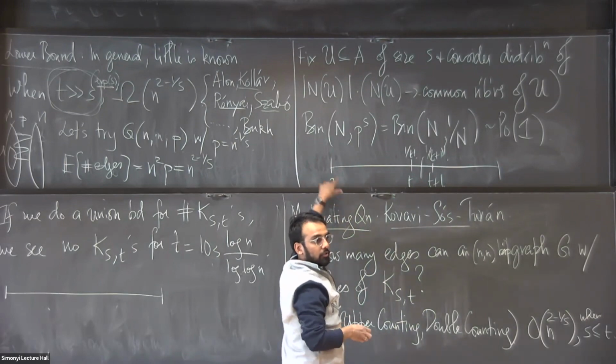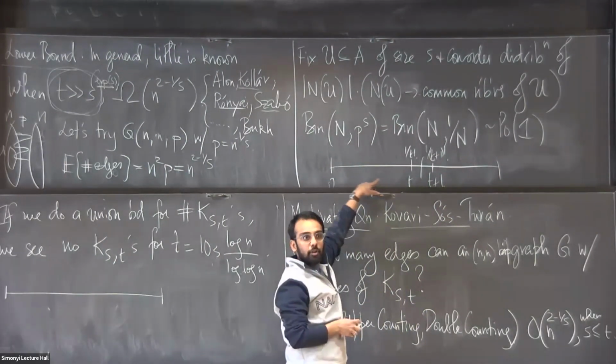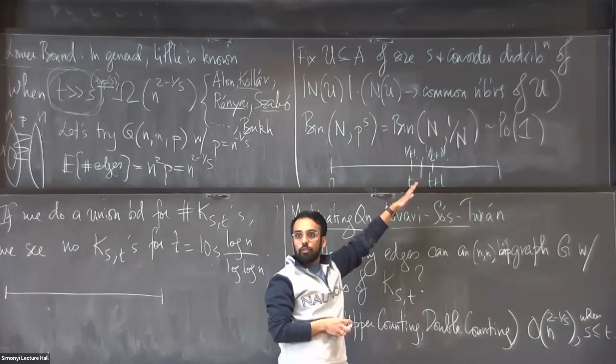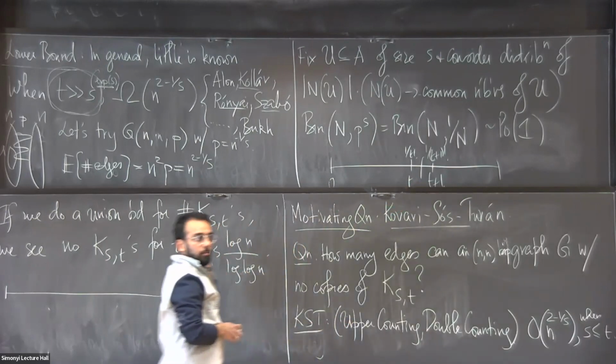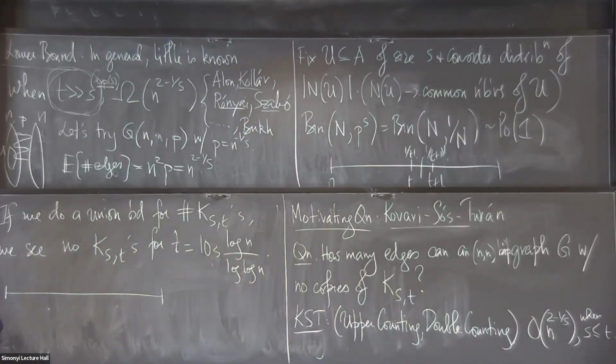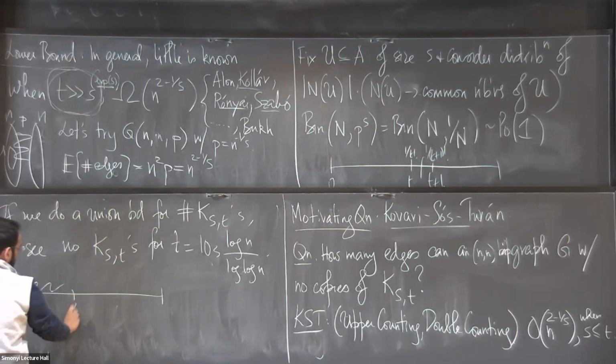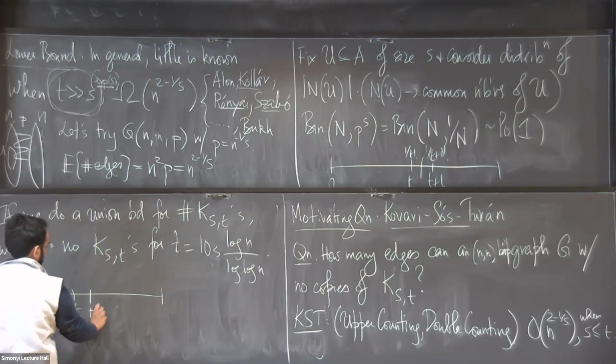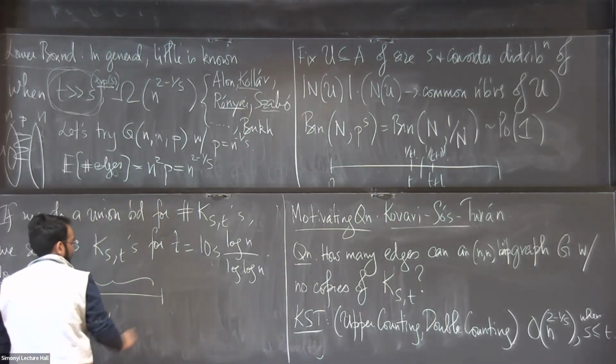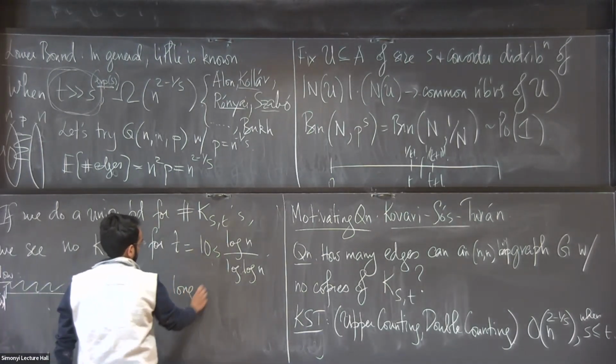If we could somehow arrange for the size of this neighborhood to have a chopped off tail, we'd be better off. So currently, I look at the size of the neighborhood, it's supported on the natural numbers, that's the problem. There's a long smooth tail.